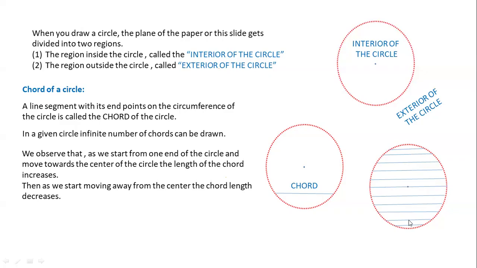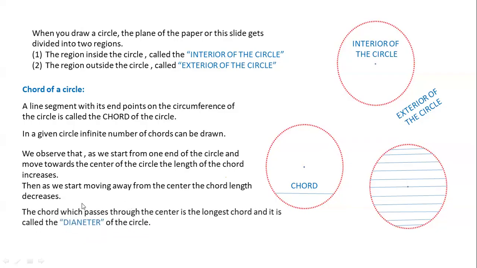Clear? So we can draw an infinite number of chords and the length of the chords increases or decreases. If you go from one end of the circle towards the center, the chord length increases, and from the center, if you go to the other end of the circle, its length decreases.